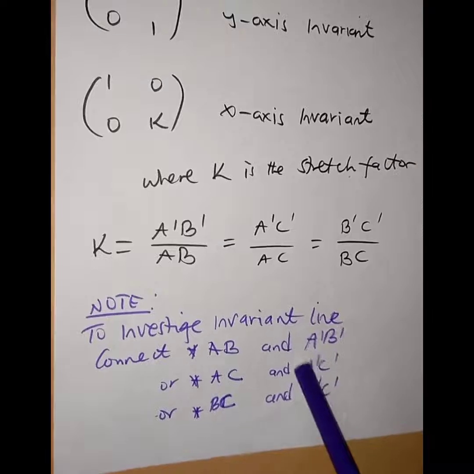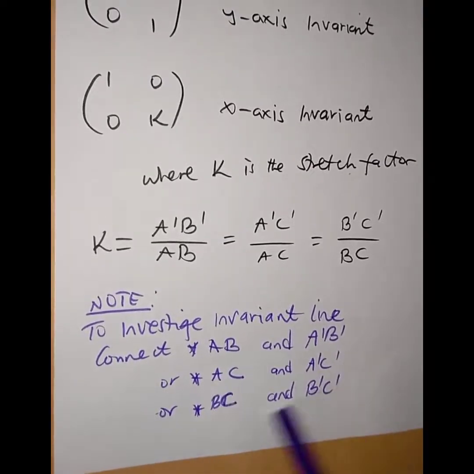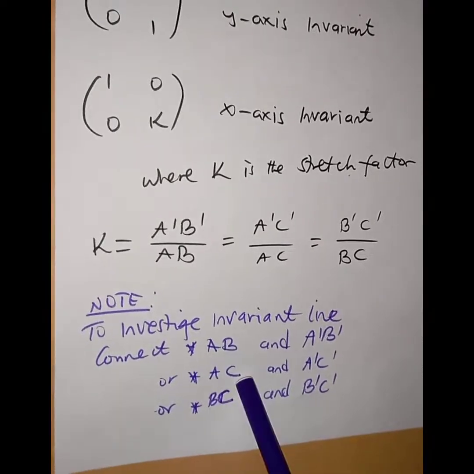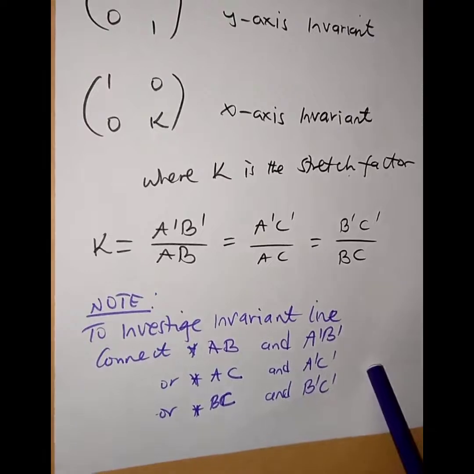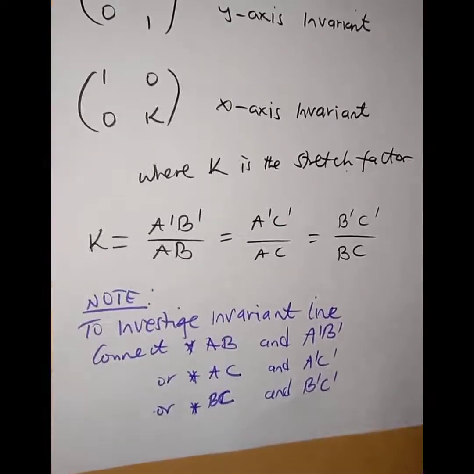If they meet on y-axis, it means y-axis was invariant. You can also get any other letters, like AC. From A object to C object, you draw a line. Also from A image to C image, you draw another line. You connect, they will meet somewhere.